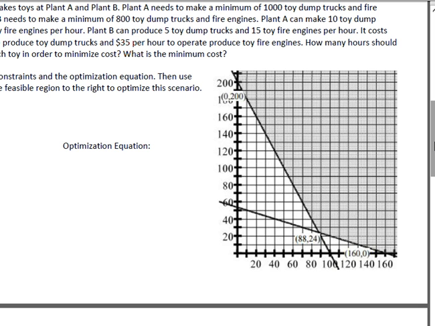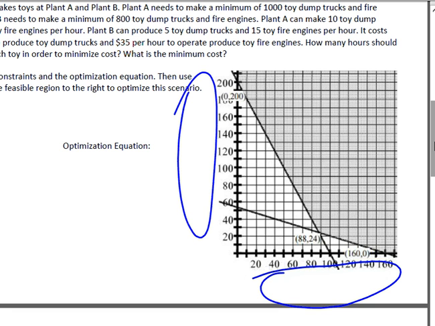So here we've got plant A and plant B. Okay, so the first thing you've got to do is decide what you're making. It isn't labeled down here. I don't know yet whether we are making, well, I guess I can look in the problem here. We are making toy dump trucks and toy fire engines.